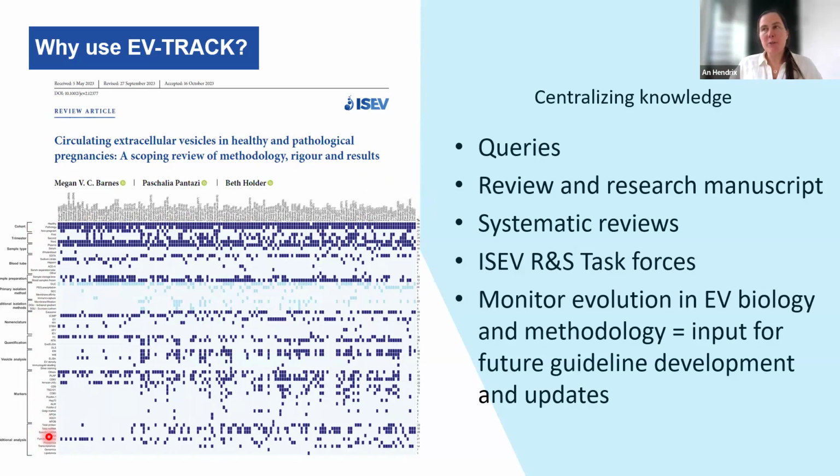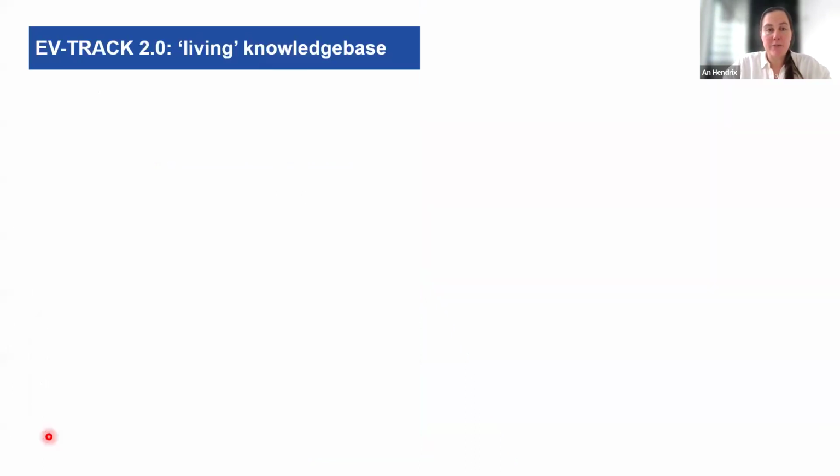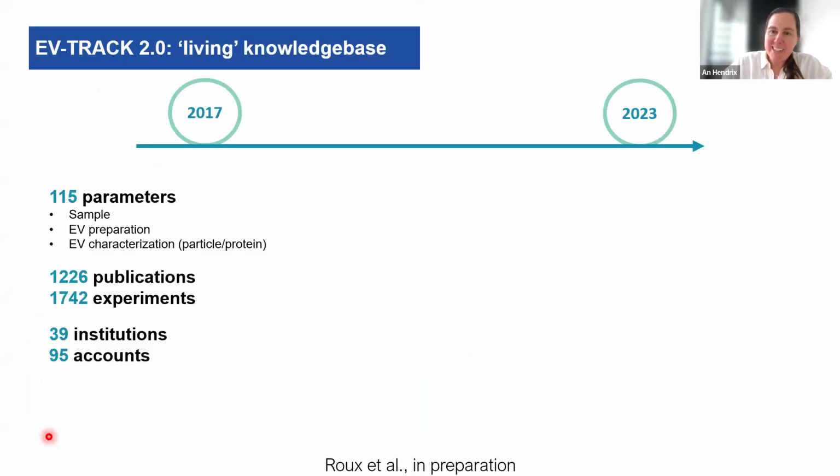Also, when you start to explore a new biofluid and you do not really have an idea which method to use to prepare or to characterize the vesicles, you can implement the EV-TRACK knowledge base to start the query on commonly performed methodologies on this particular biofluid. Now, as I mentioned, it is important to keep the EV-TRACK knowledge base alive. And of course, since its release in 2017, we have made multiple improvements to the knowledge base as well.